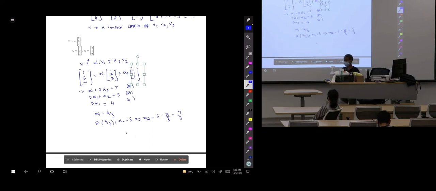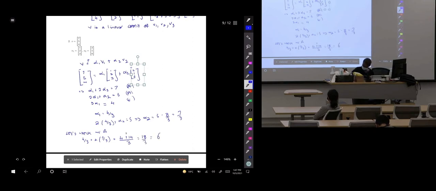Cool. Are we done? No. Okay. Why are we not done? What's left? You need to just check to make sure it works with the last equation. Exactly. So we need to check with the last equation. So let's check with A. Right, and so with A, we would have 4 over 3 plus 2 times 7 over 3, which here would give us 4 plus 14 over 3, which is equal to 18 over 3, which is equal to 6, which is definitely not equal to 7, right?